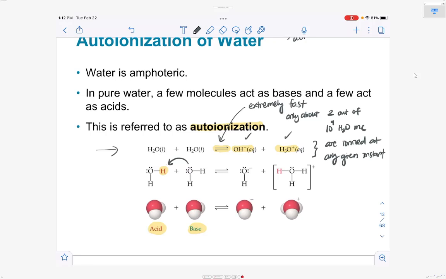So therefore pure water contains almost entirely water molecules, and because the charged ionized species are not observed that often, water is a poor conductor of electricity.